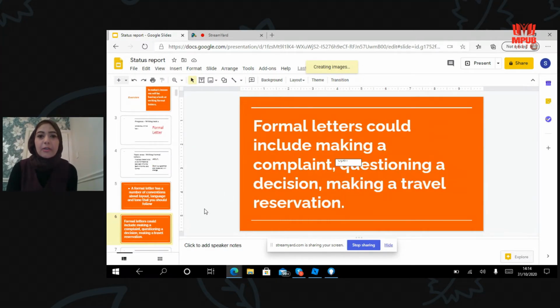Formal letters could include letters of making a complaint, questioning a decision, making a travel reservation. So any of those are included in writing formal letters.